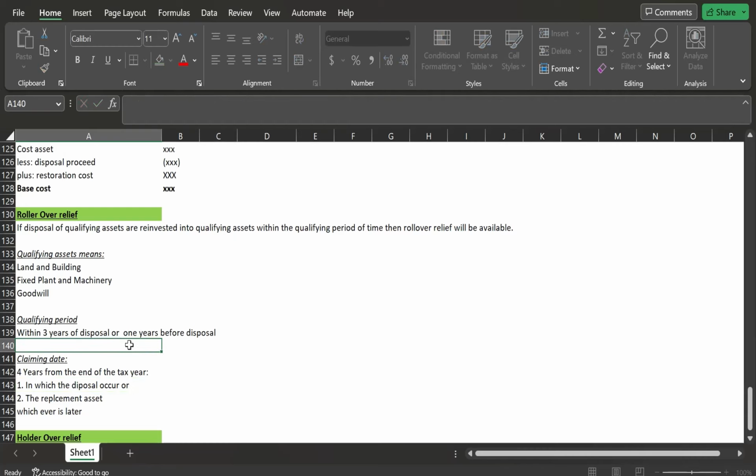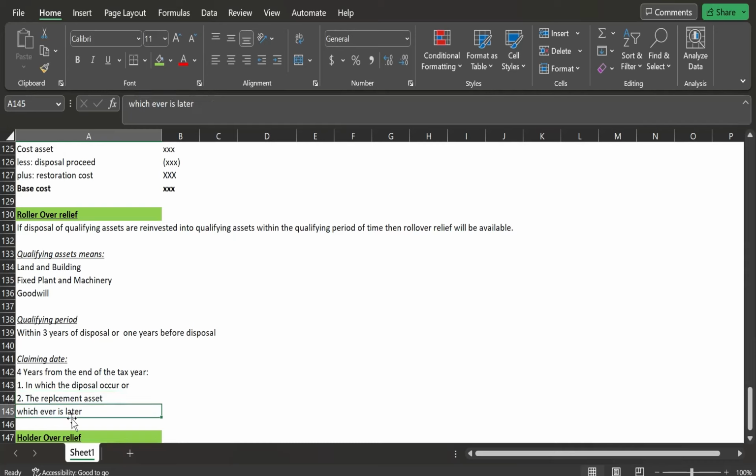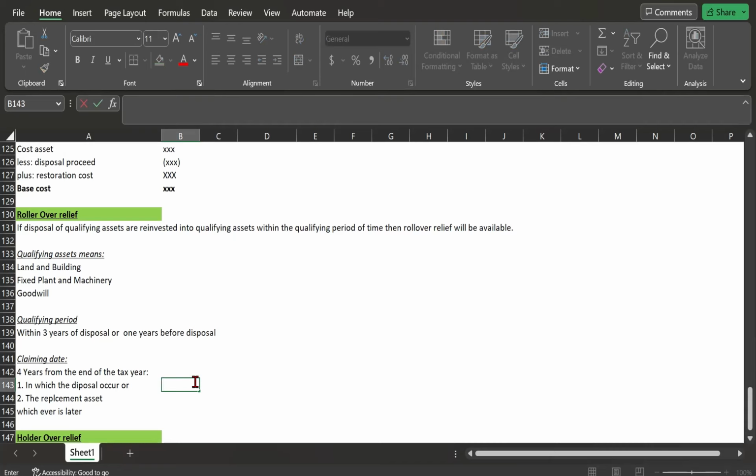Okay, so in which the disposal occurred or the replacement asset, whichever is later. It means suppose you dispose on 5 February 2024, right? 5 Feb 2024, and you reinvested the amount, suppose 1 year, if we talk about 1 year before disposal, so it's like March 2023.